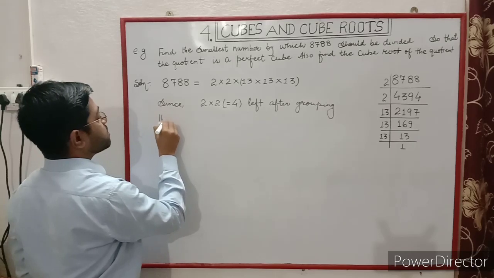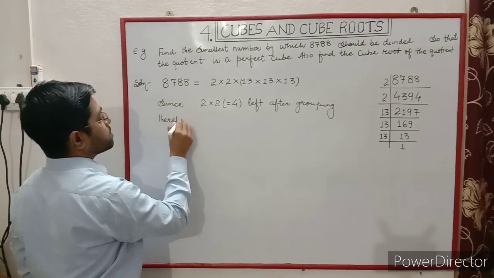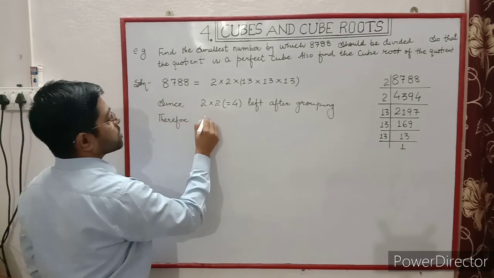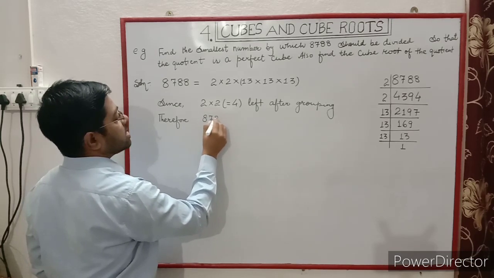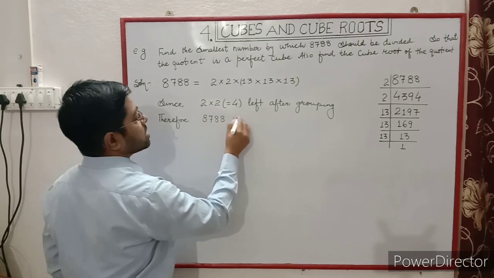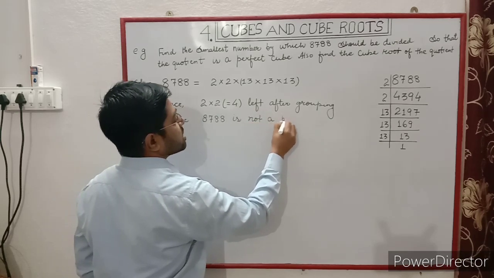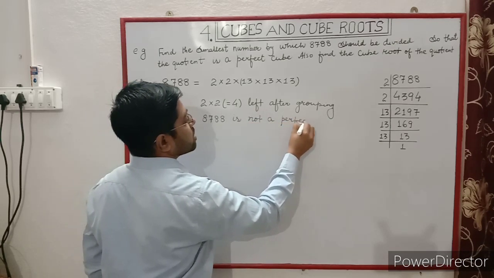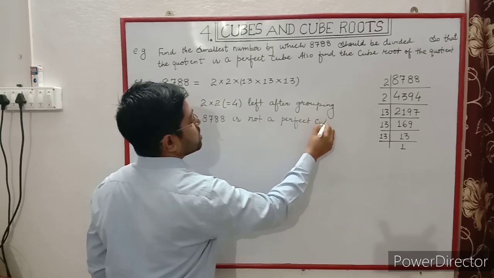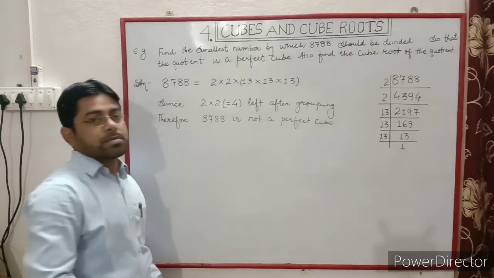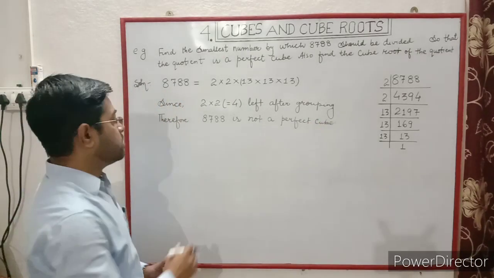Therefore 8788 is not a perfect cube. How to make it perfect cube?